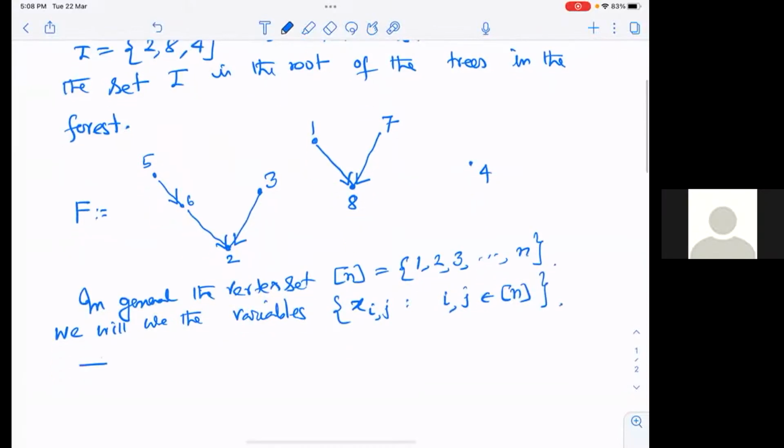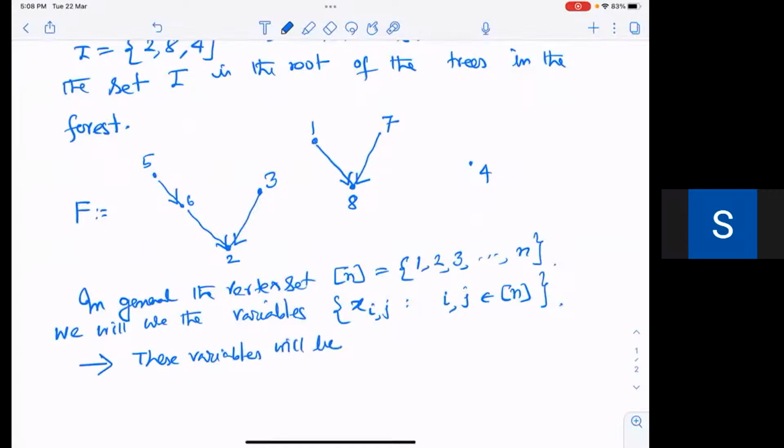These variables will be edge variables. What I mean by that, look at the first tree. There is an edge from 5 to 6.